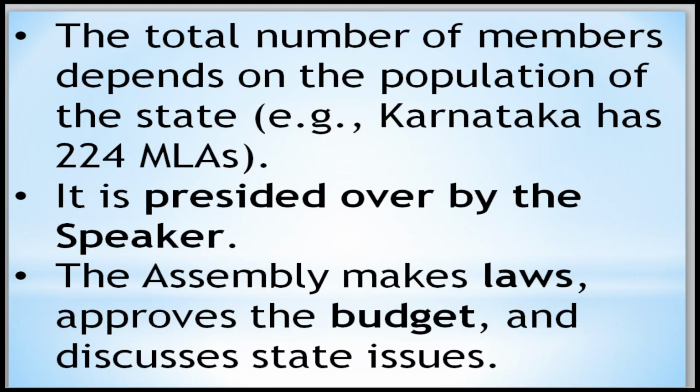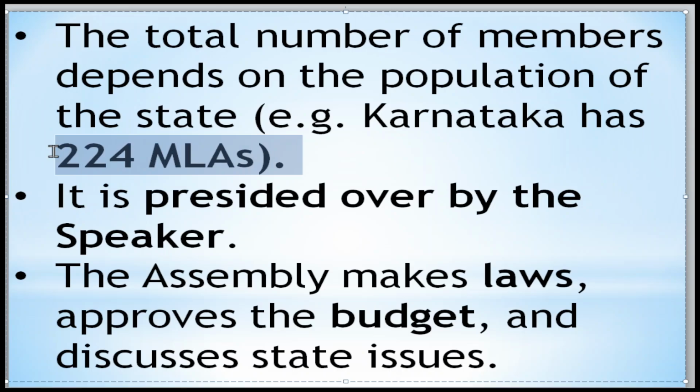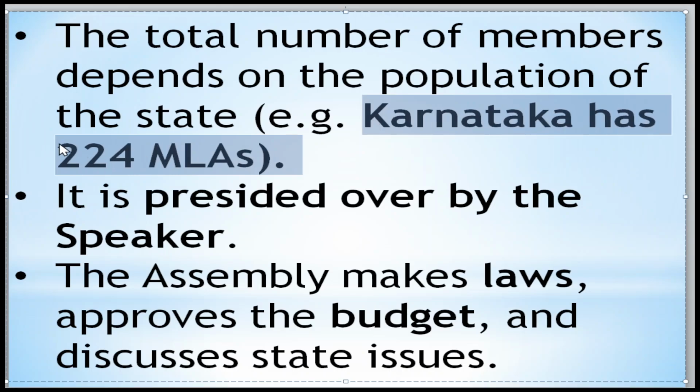Second point: the total number of members depends on the population of the state. For example, Karnataka has 224 MLAs, members of the legislative assembly. MLAs means what? Members of the legislative assembly.